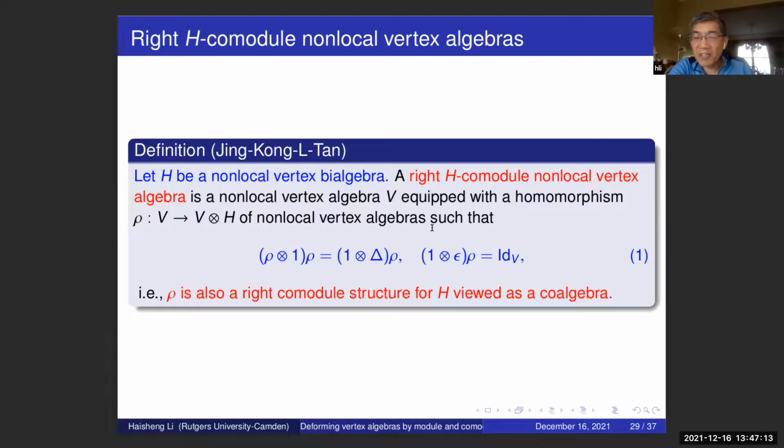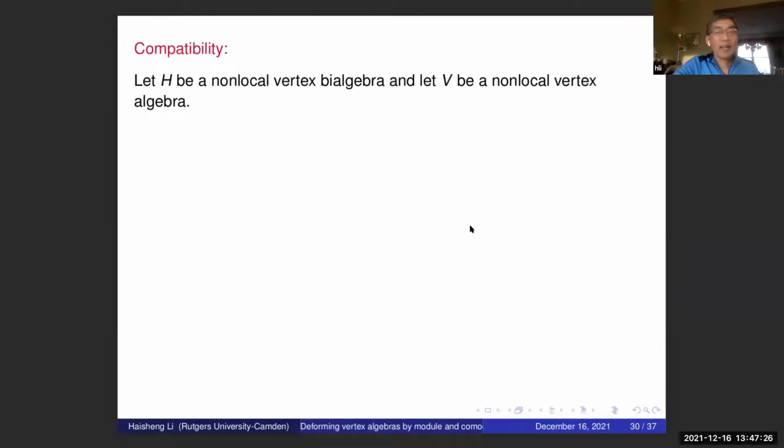More or less like the definition of vertex bialgebra. This time the co-module structure is a vertex algebra homomorphism. So that's the definition. Then what I'll do is relate to the title.